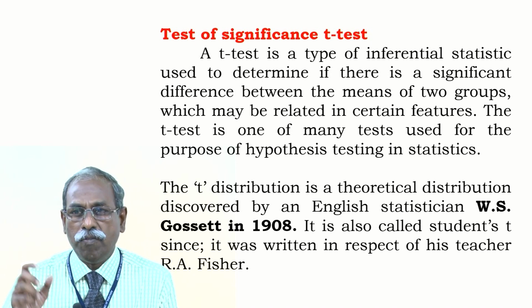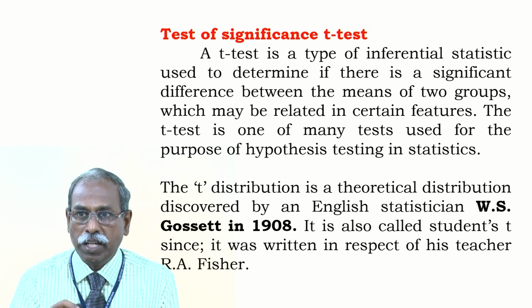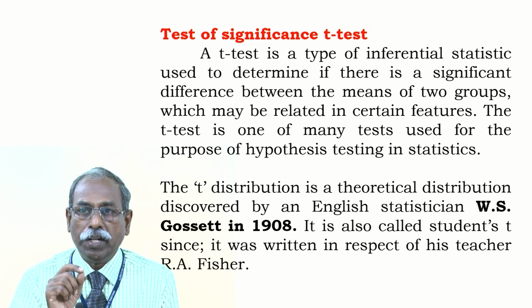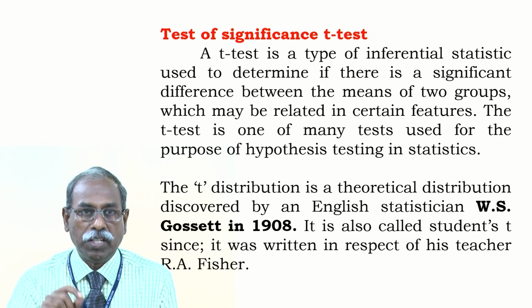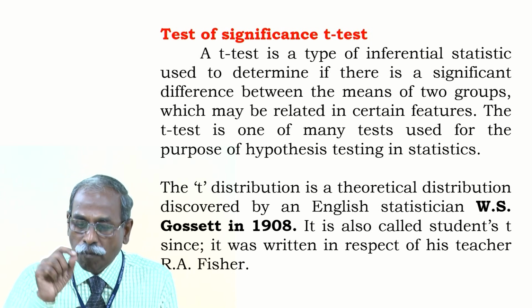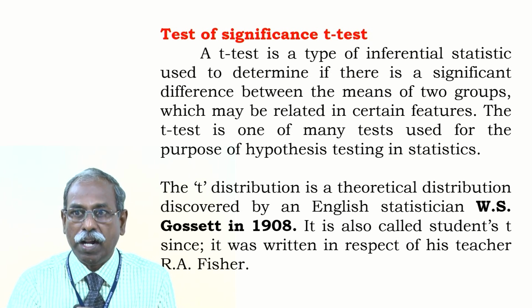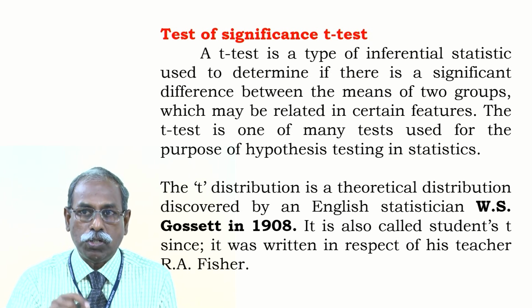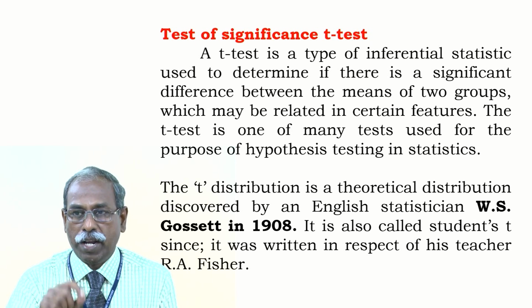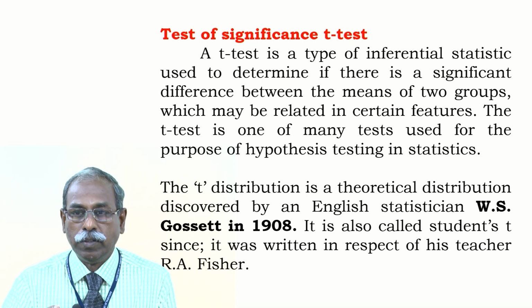There are different methods to calculate the t-test, but today I want to explain how to interpret it and how to find out whether the t-value is significant or not significant, and what is meant by significant and not significant. From the obtained t-value, is the hypothesis accepted or rejected, and what conclusion should you write or arrive at from the t-test? These are the things we will discuss today.